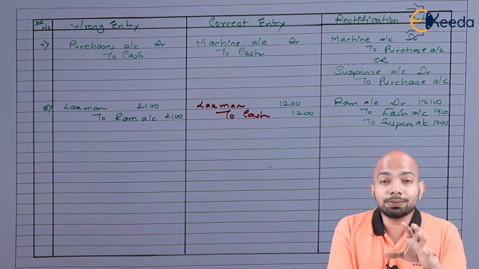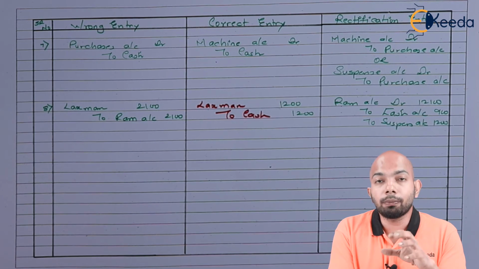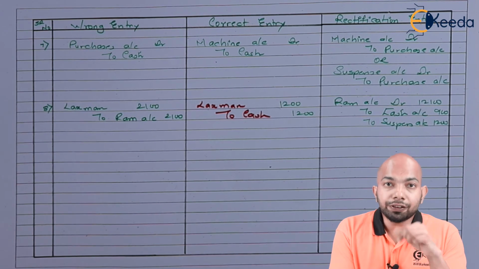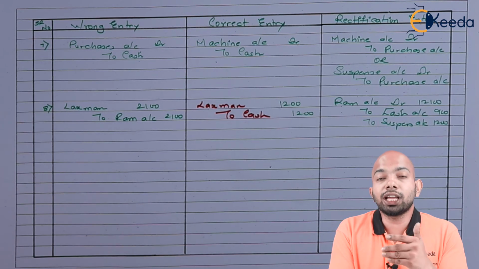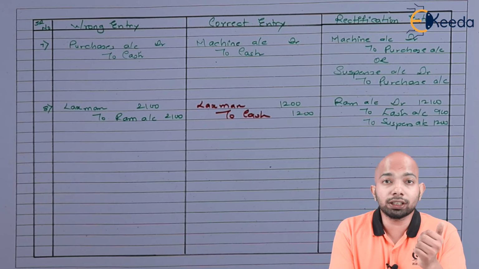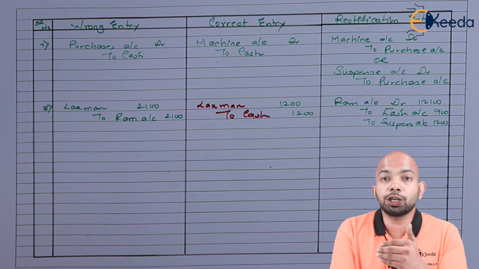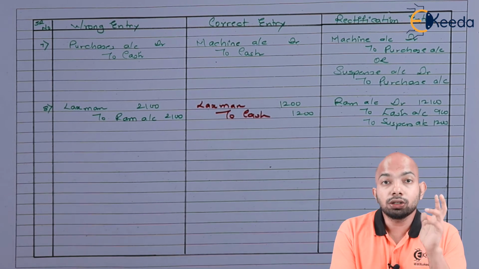However, the wrong entry passed here is Lakshman to Ram. To rectify this, we have debited Ram's account with 2,100, whereas the cash account has been mentioned with the actual amount, 1,200, and the difference has been mentioned in the suspense account here. So this is how you will be posting the journal entries so that rectification is done.